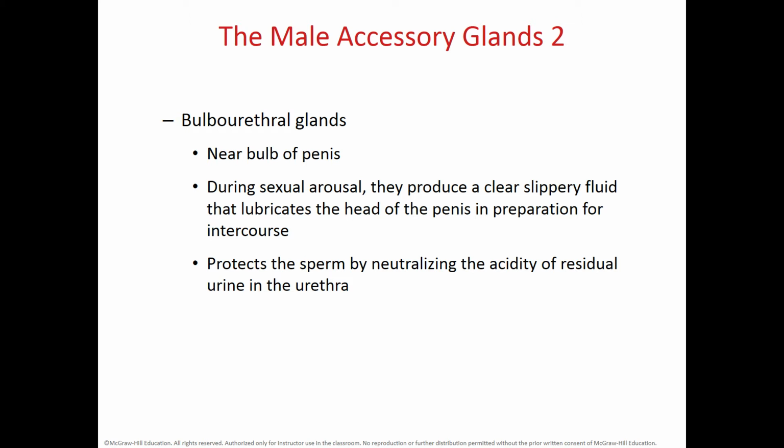Okay, so the bulbourethral glands are located next to the root of the penis, on the sides of the root of the penis, and they secrete this thick, crystal clear color fluid that lubricates the urethra before the ejaculation process so that you have a slippery lumen within the urethra so that the sperm cells travel much easier through the urethra.